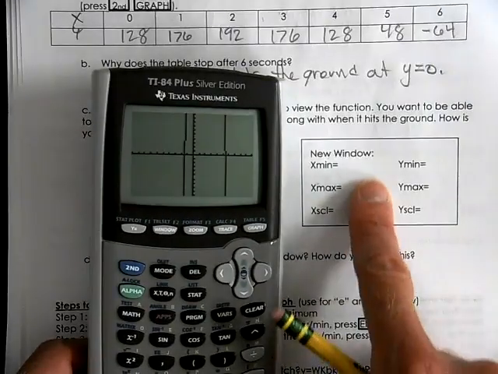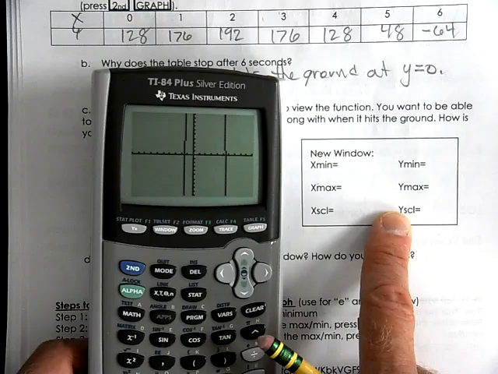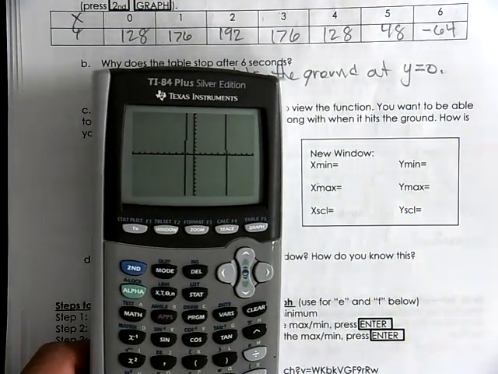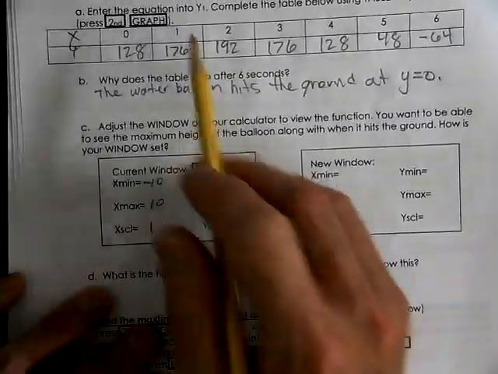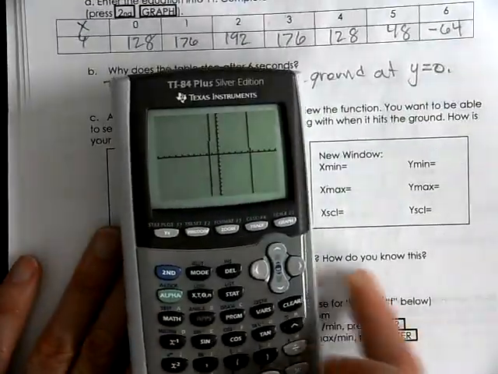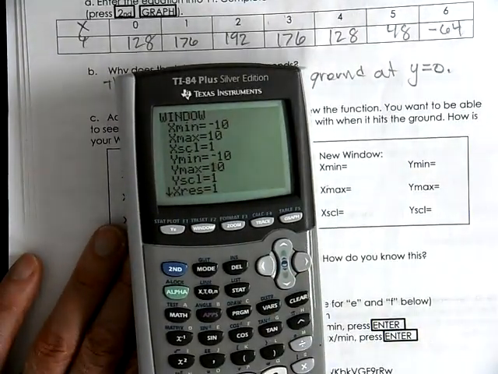All right, so where do we need to change our values to? What can't we see right now? We can't see the maximum Y value. We know the maximum Y value is up here at 192. So if we go to Window, we need to change our maximum Y value.